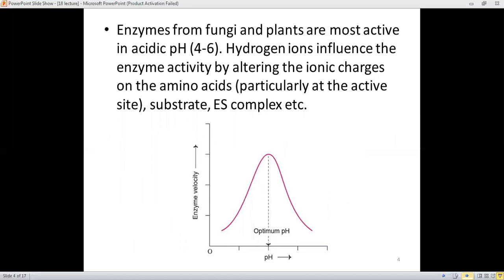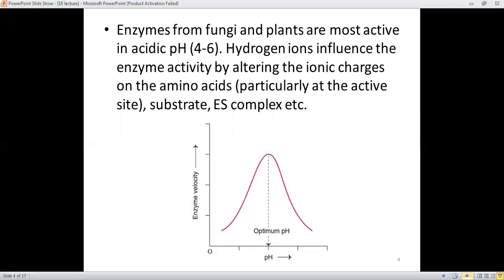And hydrogen ion influences the enzyme activity by altering the ionic charge on the amino acids, because amino acids have two important functional groups, the amino group NH2 and the carboxylic acid group.